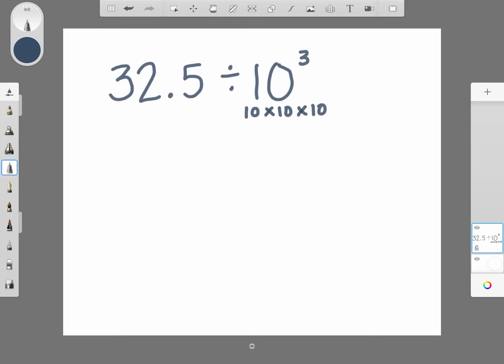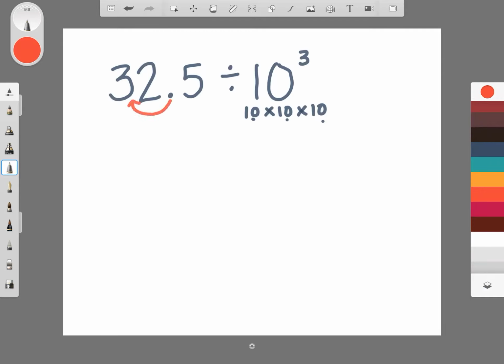And we're going to divide by 3 of these. So that means we're going to move the decimal 3 places to the right. 1, 2, 3. The decimal is no longer here, it is now here, but we have the space right here. We're going to need to fill that in with a 0. And the quotient now is 325 ten-thousandths.